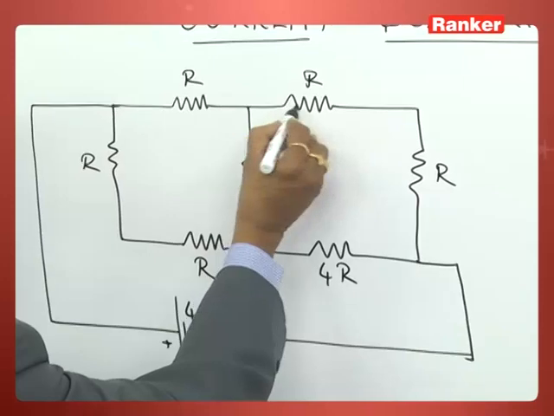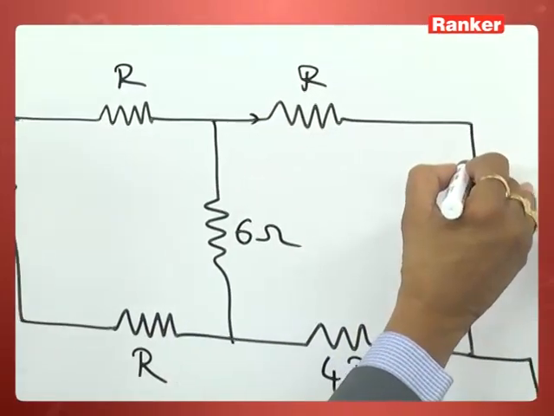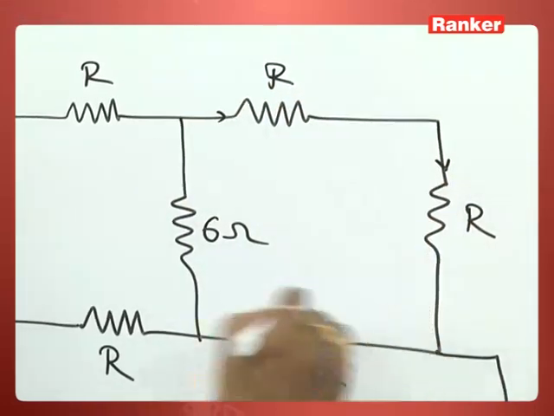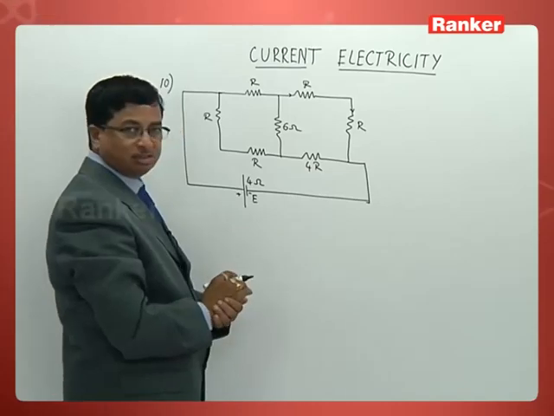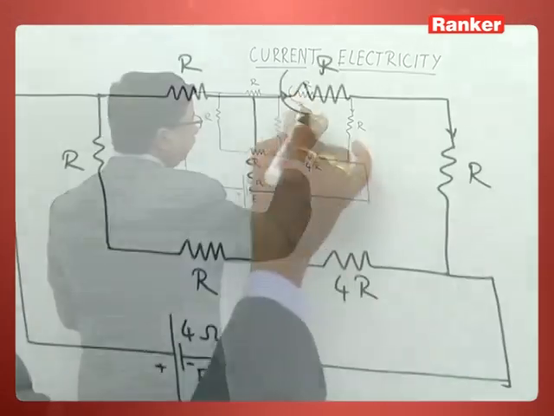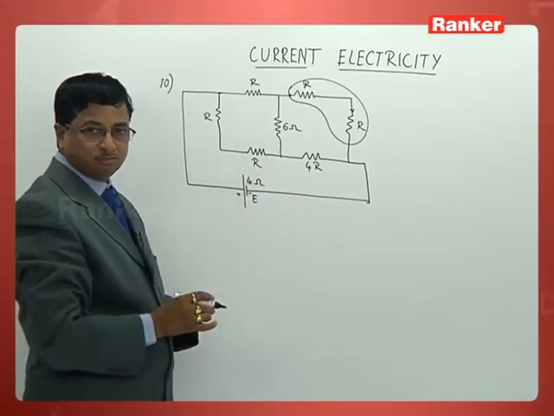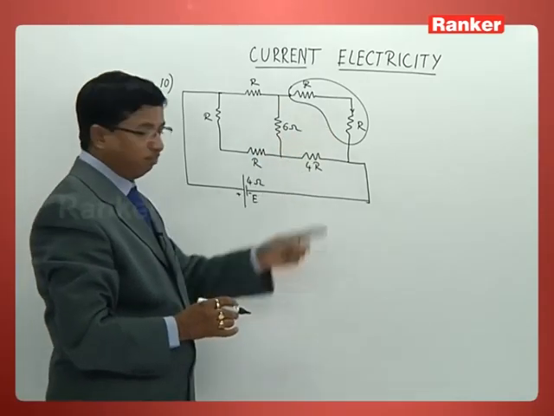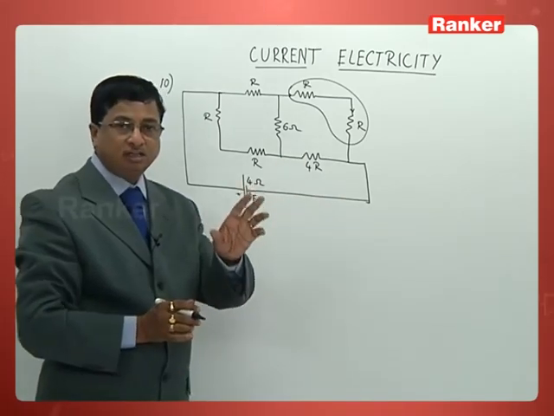Whatever current enters into this resistance, the same current enters into this resistance also. So what is the very meaning of that? Both the resistances are now connected in series. When current remains the same, it is understood resistances are connected in series.